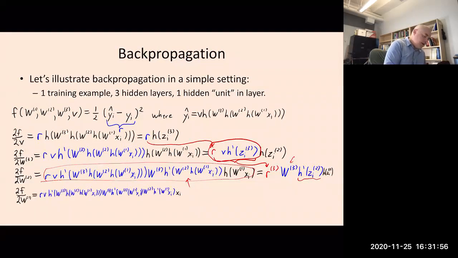So again, you can compute gradients like this, but the point is that this stuff just keeps getting stuff multiplied onto it, right?